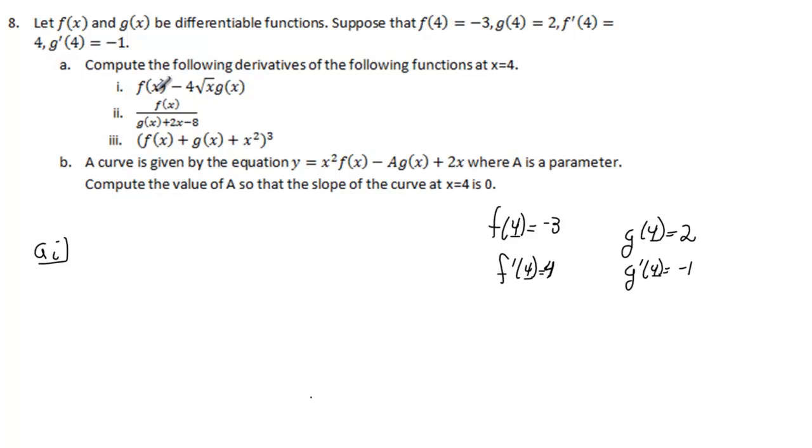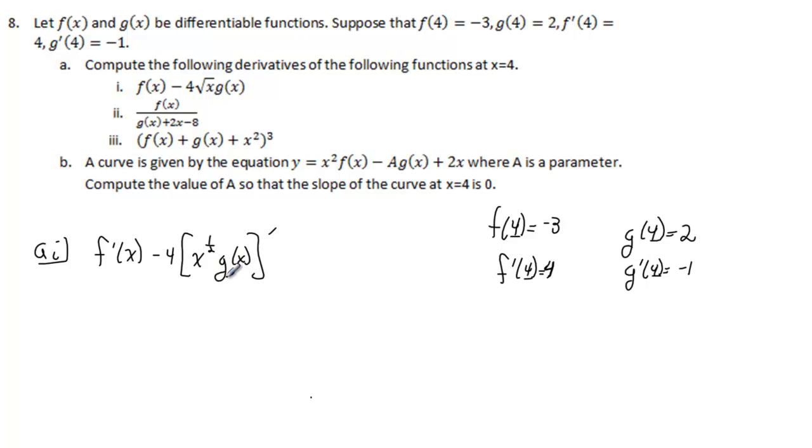When I take the derivative of f of x, I know that's just going to be f prime of x. I'm going to keep my -4 out in front, and I'm going to have to take the derivative of x to the 1/2 times g of x. I'm multiplying x to the 1/2, which is a function, and g of x, which is a differentiable function.